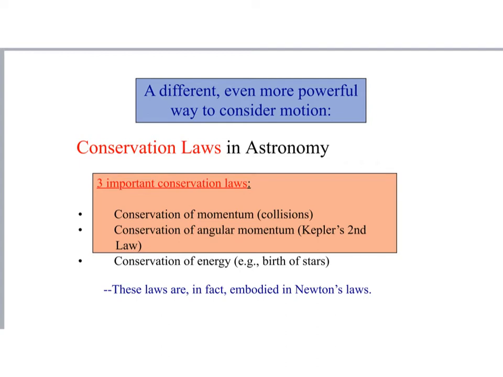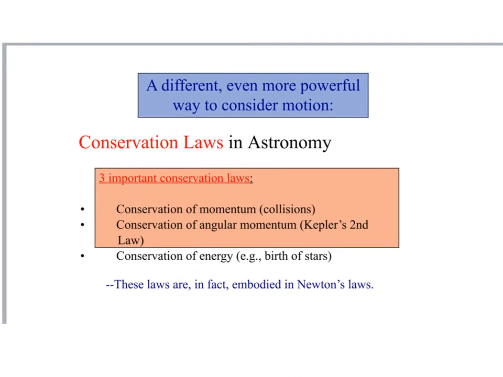Here we are again. Now, in the centuries since Newton first stated his laws, we have learned that they are not arbitrary at all, but instead they reflect deeper aspects of nature known as conservation laws. So here we'll explore three of the most important conservation laws for astronomy: the conservation of momentum, that is very nicely exemplified by collisions.